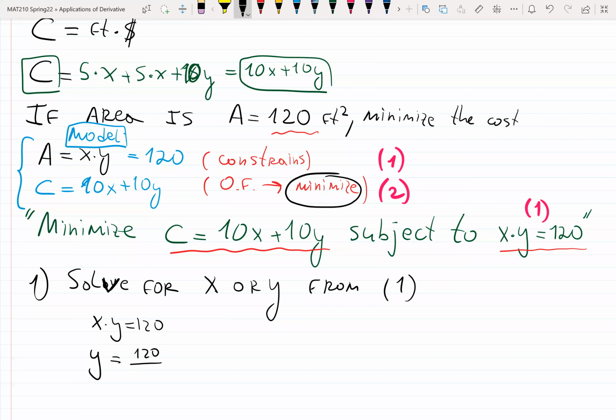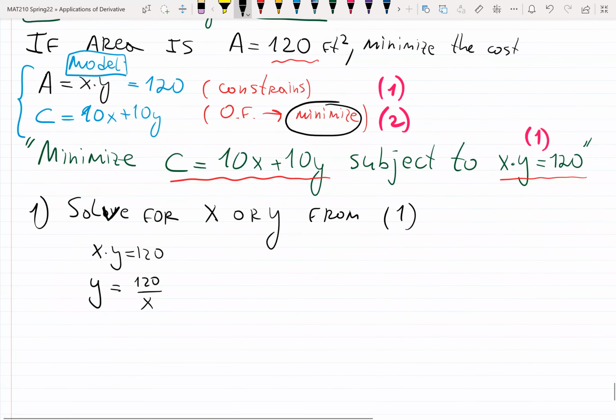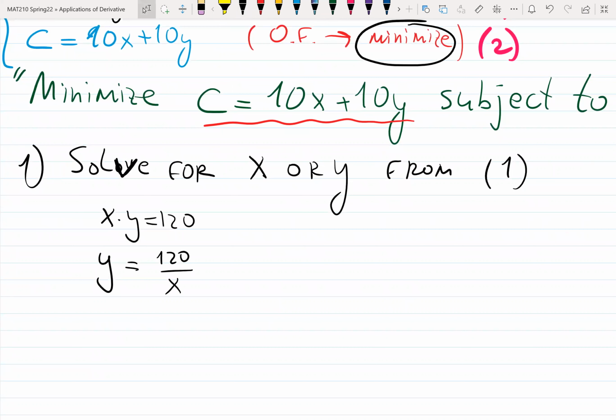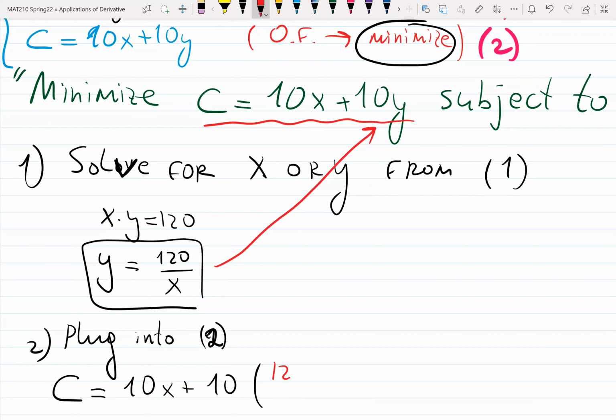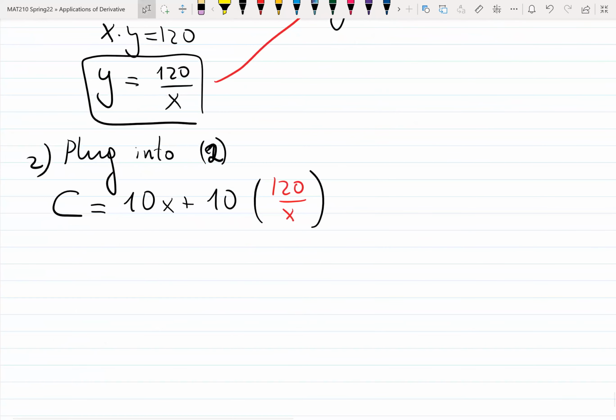Y is 120 over x. Sometimes one is easier to solve than another one. In this case, it's not. Step two, plug into the other equation, equation number two. So I'm taking this y and plugging into C. Now my cost function looks nicer, 10x plus 10 times 120 over x. Now we can differentiate that. Step three, minimize.